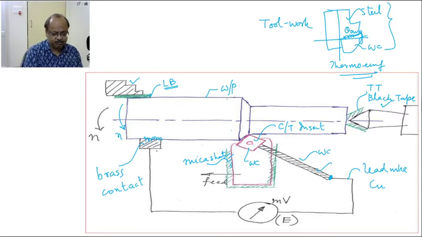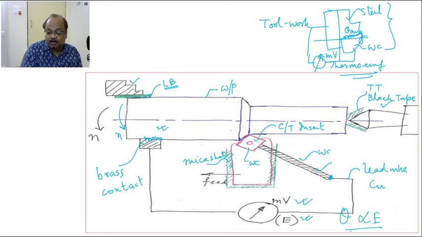You take out one lead from the workpiece side and one lead from the tungsten carbide, and in between you put a system to measure the thermo EMF. We put a millivolt meter to measure the thermo EMF E, and this thermo EMF would be proportional to the cutting temperature. This is the measurement principle that we have implemented in our lab.